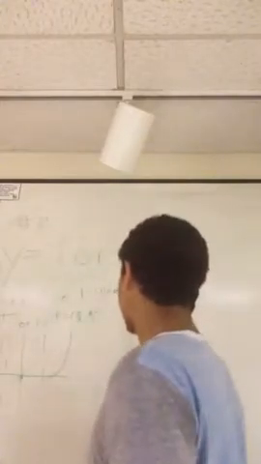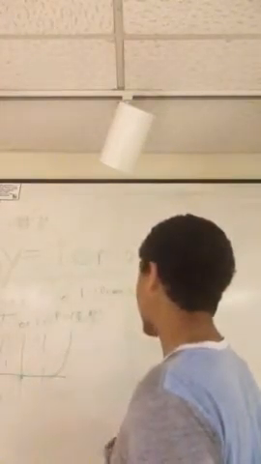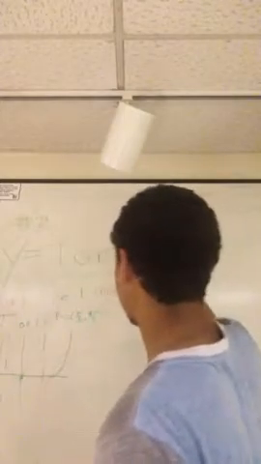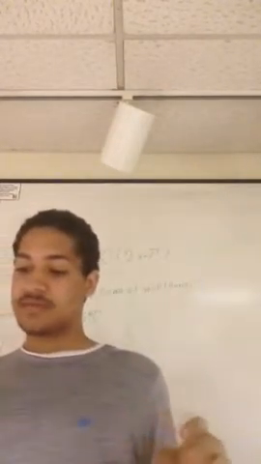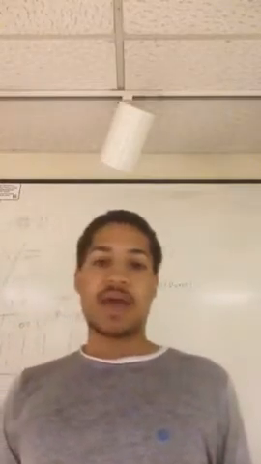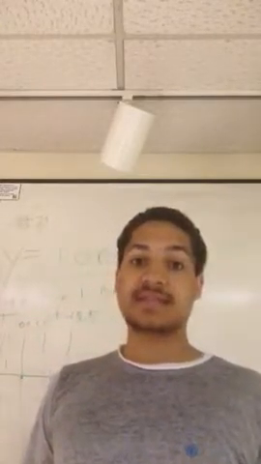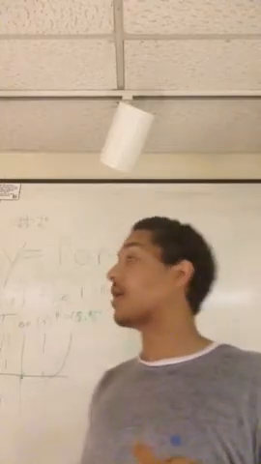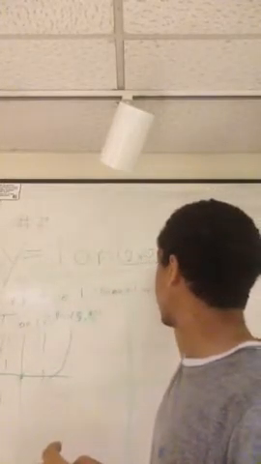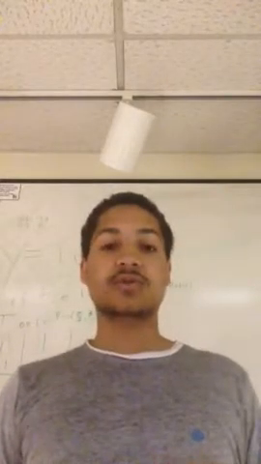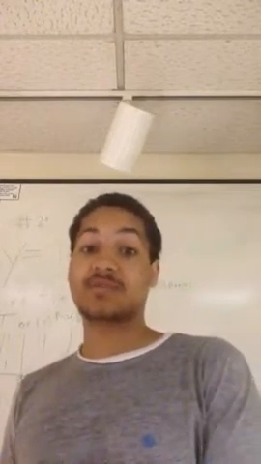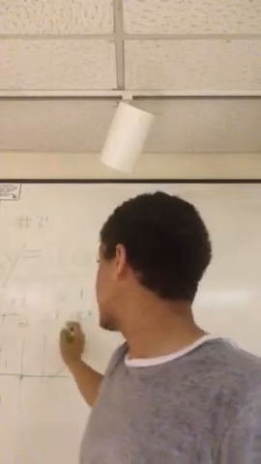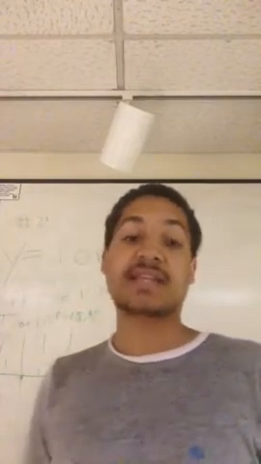So for our function, we have the tangent of 2x minus pi. Now, in order to figure out the period, we set the value within the tangent equal to what the period of a normal tangent function would be, because this is pretty much the same thing, just with a few extra things added to it.